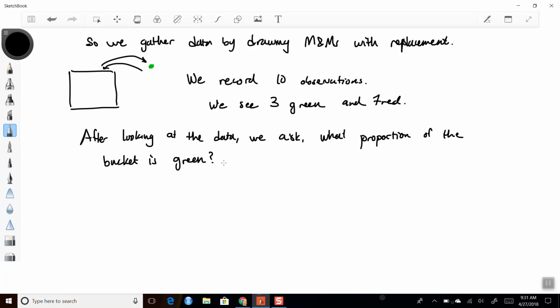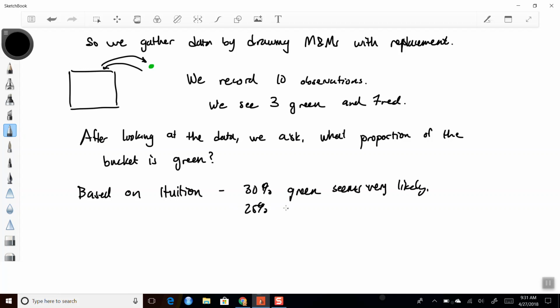It seems unlikely. And we would update, so kind of based on intuition, what would we say? 30% green seems very likely. 25% to 35% green is also likely.